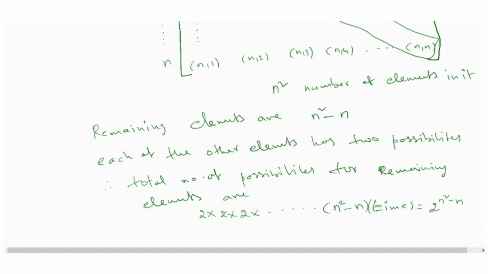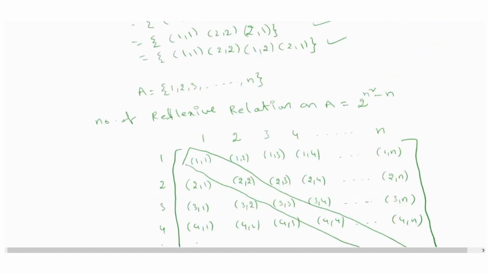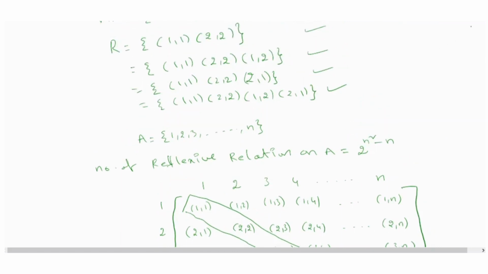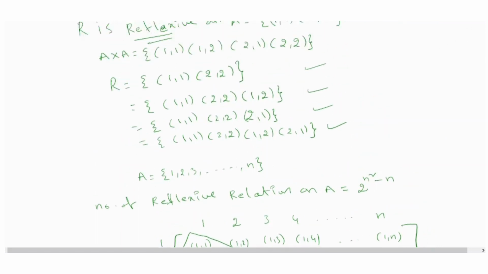Therefore the formula for the number of reflexive relations on a set having n elements is 2 power n square minus n. For example, previously we discussed a set A containing two elements, 1 and 2.